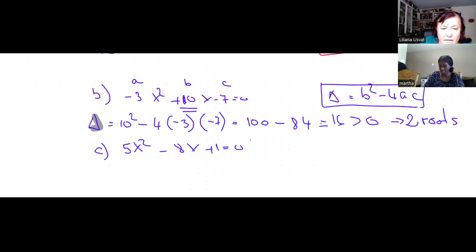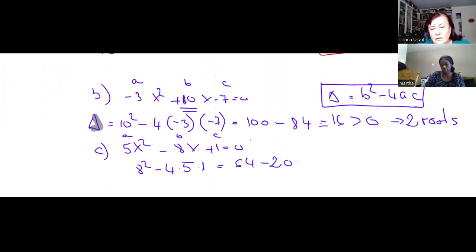So this is A, this is B, and this is C. 8 squared minus 4 times 5 times 1, it's 64 minus 20 equal 44. Greater than 0, two roots.